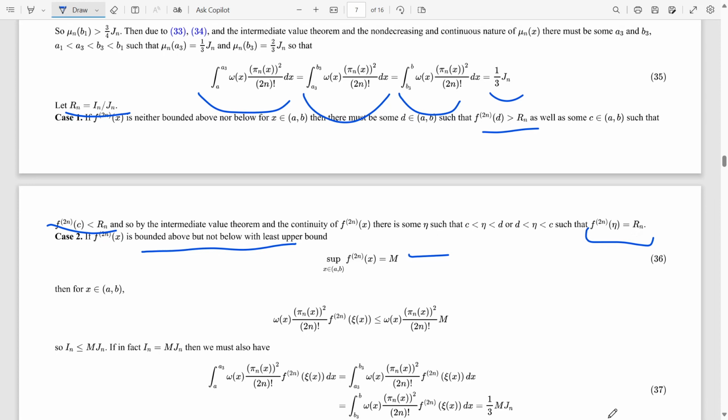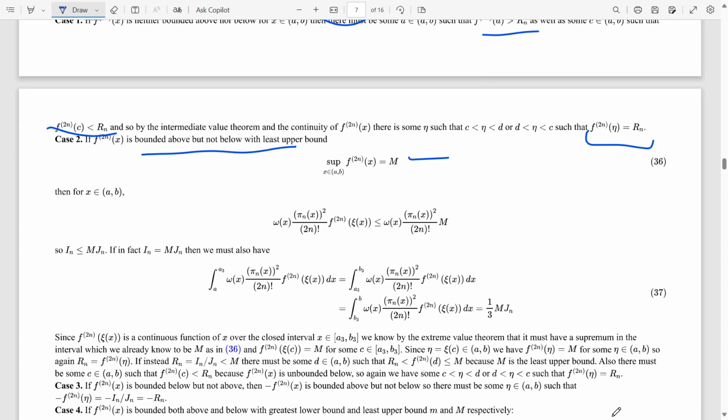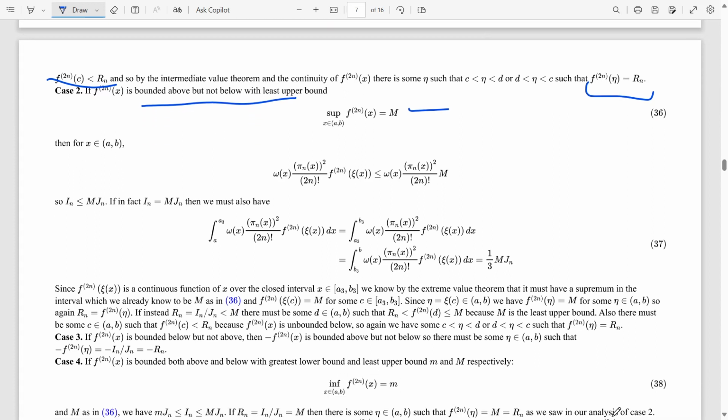We can show from 35 that this middle integral here has got to be 1/3 mJn. And it's over a closed interval, so we can apply the extreme value theorem to establish that f2n of eta equals m for some eta in the open interval from a to b.